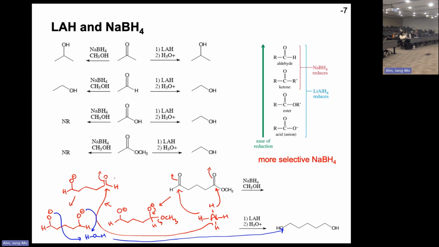Compared to these, if you're using sodium borohydride, it is much more selective. It can only react with the ketones or the aldehyde, nothing else. So there's a carbonyl of the ester, but the sodium borohydride is not going to touch it at all because it doesn't have the power. The only thing it can do is the aldehyde side getting reduced; the ester survives.